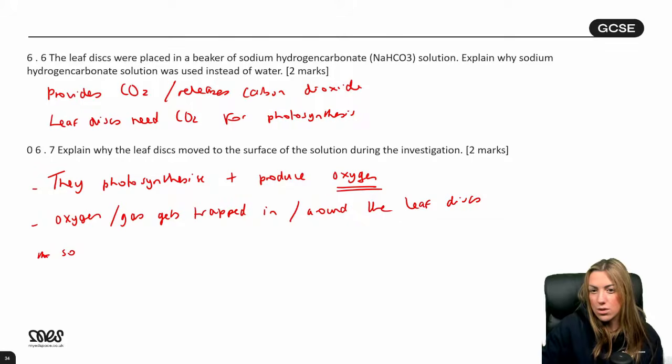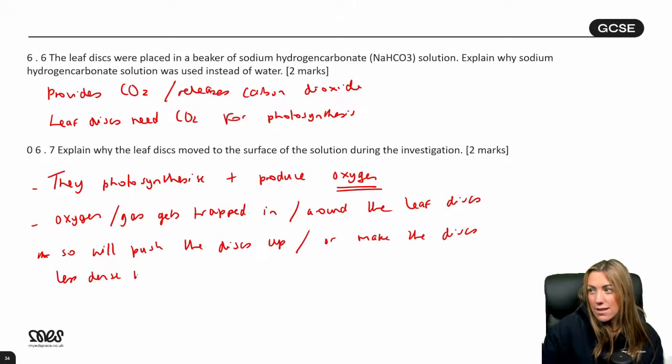Just thinking this is 2 marks. So it'll push the discs up. You could explain it like that, or make the discs less dense than the solution. I hope that's making sense.